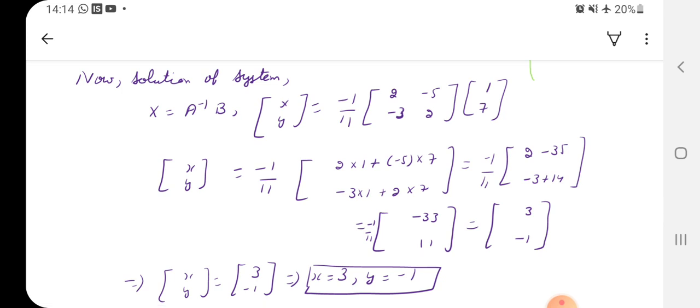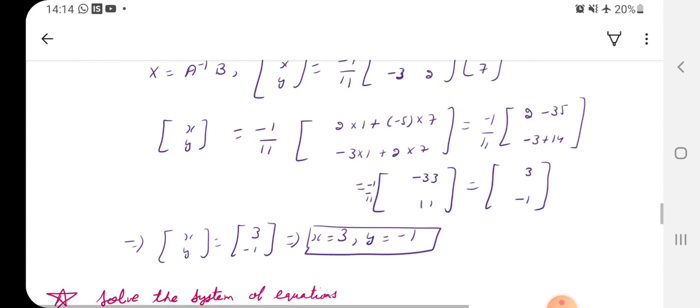In the first row, 2 into 1 plus minus 5 into 7, so you will get 2 minus 35. In the next row, you will have minus 3 into 1 plus 2 into 7, so you will get minus 3 plus 14. With minus 1 by 11 as it is, you will get minus 33 and 11. Taking minus 11 inside, I will get 3 and minus 1.